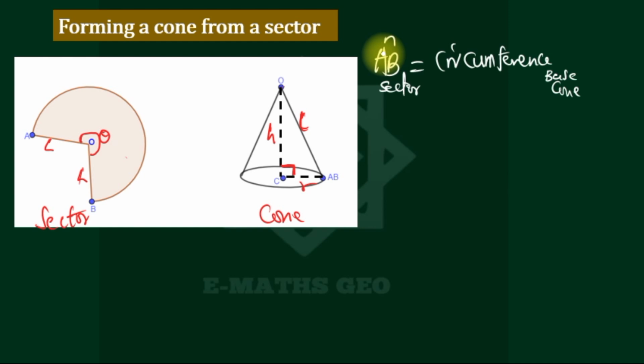And we know that the arc length of a sector of a circle is always the angle over 360 times 2 pi times the radius, and the radius is L. L is the radius of the sector, while the circumference of the base is 2 pi r, where r is the radius of the cone. 2 pi is common, so the ratio of the radius of the cone to that of the sector will be theta over 360.